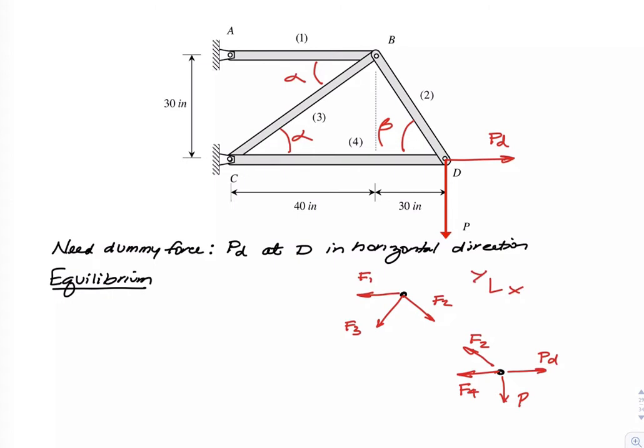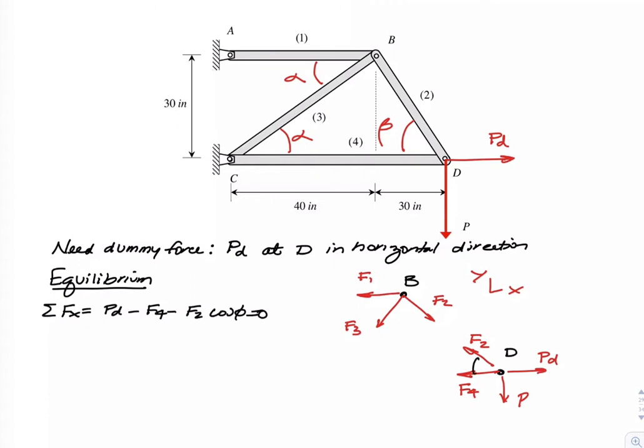So if I look at my equilibrium equations for joint D, when I sum forces in X, I'm going to have the dummy force PD minus F4 minus the member force F2 cosine of beta, and for equilibrium that is a 0.